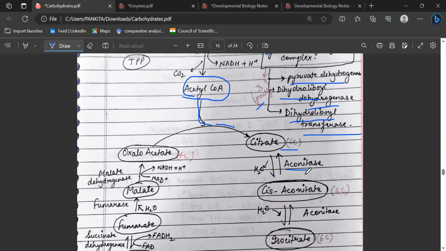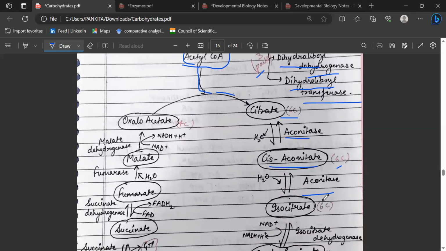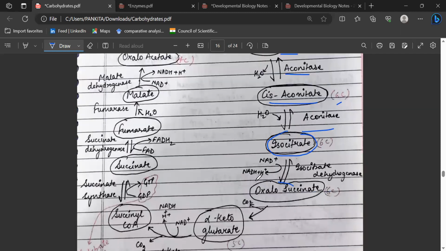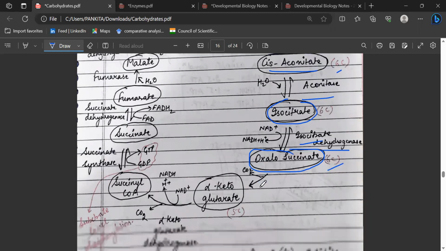Then in the presence of aconitase, it's converted to cis-aconitate, again a 6-carbon compound. In the presence of aconitase, cis-aconitate is converted to isocitrate, 6-carbon. Then oxalosuccinate, a 6-carbon compound, is produced by the action of isocitrate dehydrogenase, which further produces alpha ketoglutarate, a 5-carbon compound.